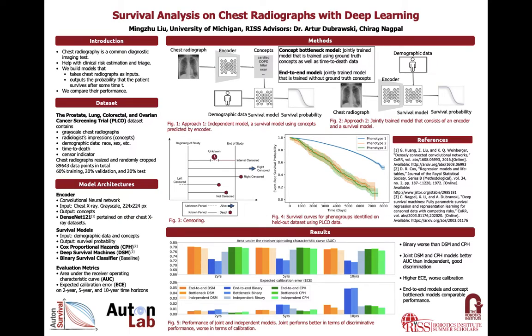The models we are using are Cox proportional hazards, deep survival machines, and binary survival classifier, which is the baseline model. We are using two evaluation metrics, area under the receiver operating characteristic curve and the expected calibration error.